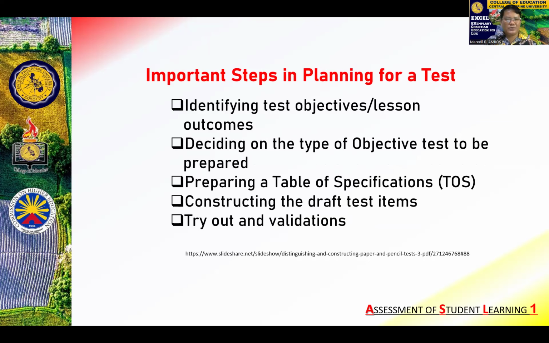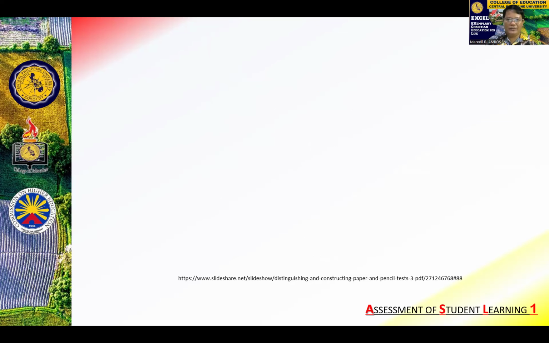The third is to prepare a table of specifications or the TOS, the fourth is constructing the draft test items, and the last is try out and validation. If you notice, the table of specifications should come first before you can construct the test items. So that's the practice that we need to have.